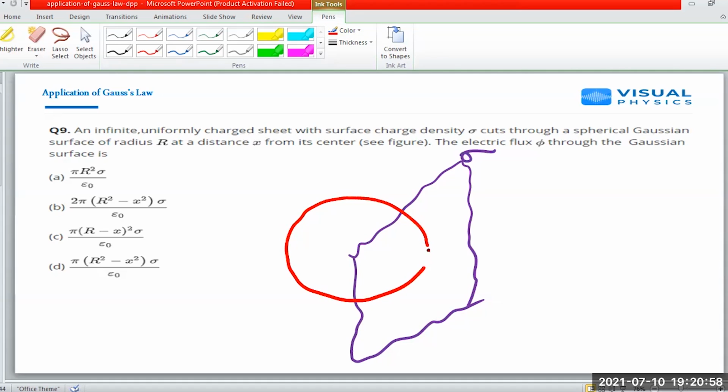But if I look at the projection on this uniformly charged sheet, it will come out to be a circle. Yes or no? The projection on the sheet due to this Gaussian surface will be that of a circle. So what kind of circle is it? Let me see.